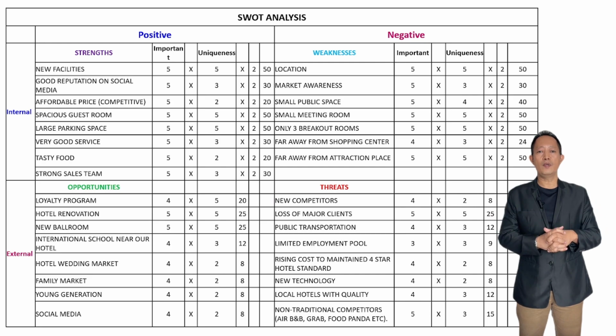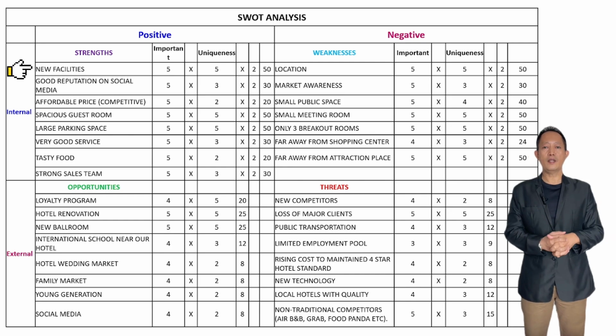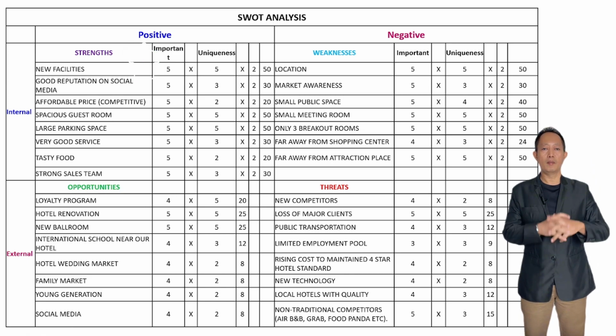Let me explain how we can calculate this weight for LS International Hotel. Now let's take new facility as an example on the positive part. It is in the upper section, which is super important because no hotel around LS International Hotel has a new facility.